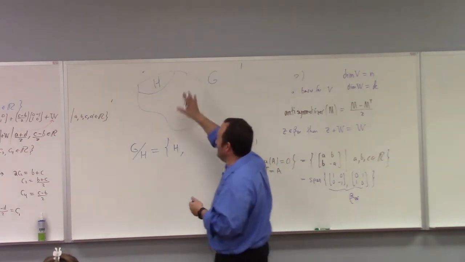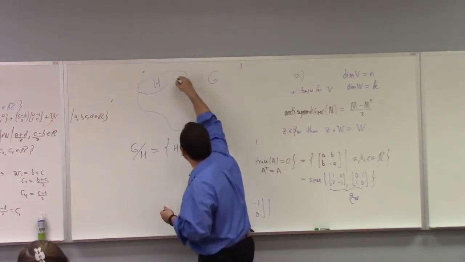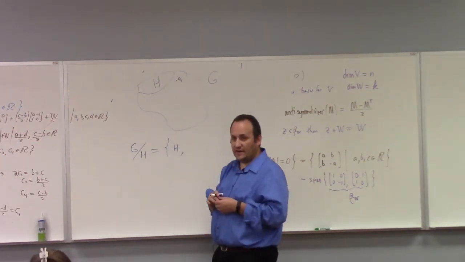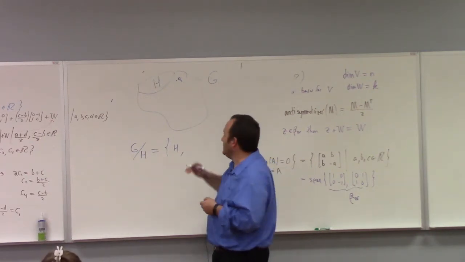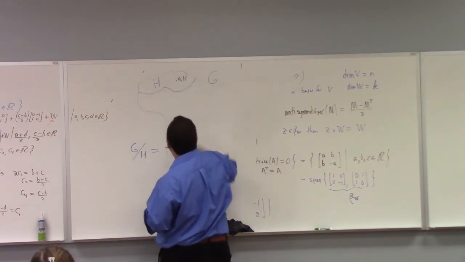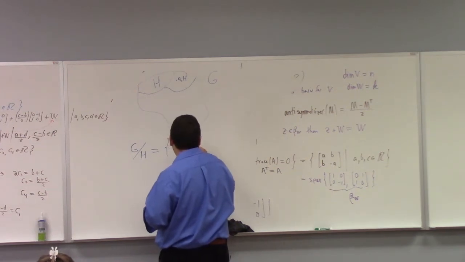You can forget about everything inside H. Your next move is to pick a point A1 that's outside H. Then, guilt by association, A1H is going to be something like that, and it's as big as H if we're talking about a finite group.